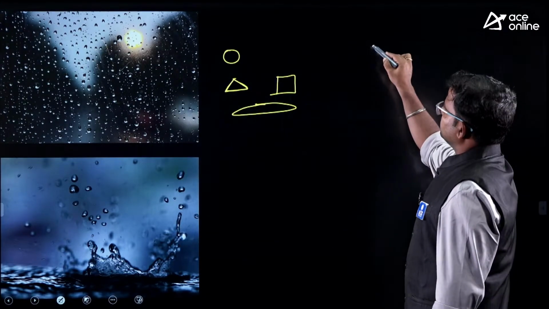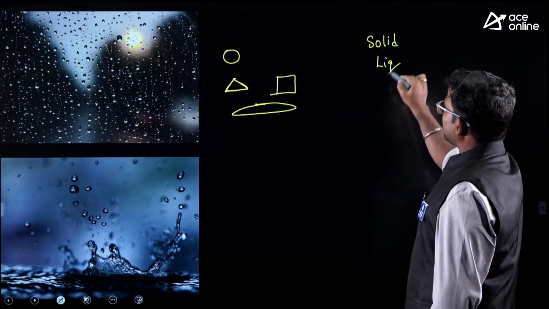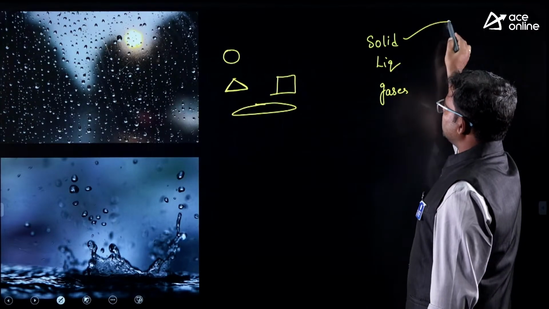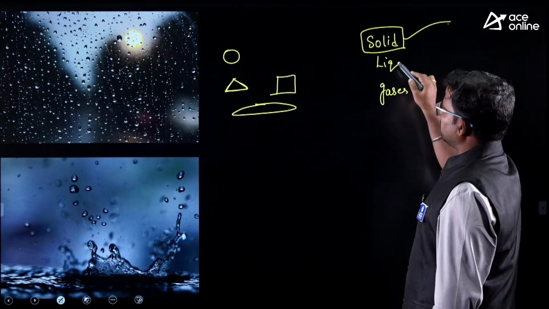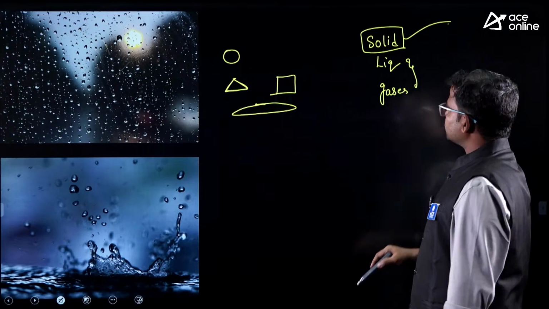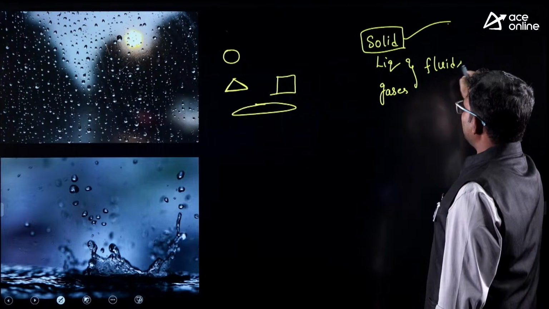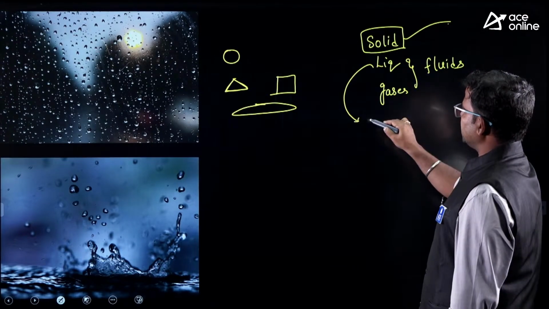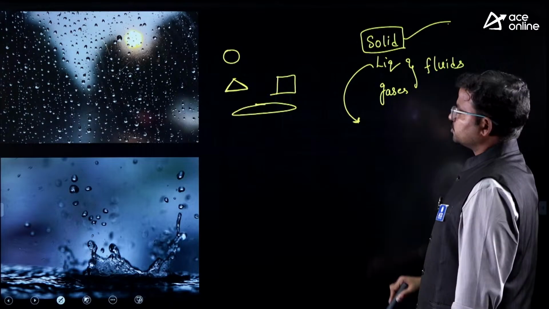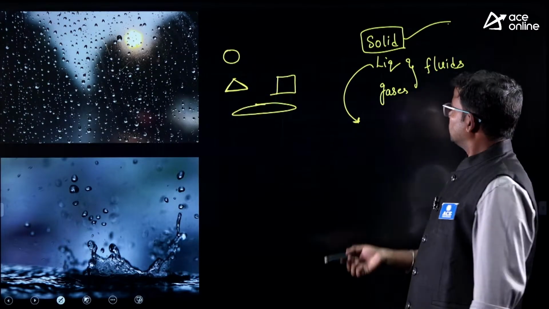Actually, guys, if you consider solids, liquids, and gases, which one has a rigid type of arrangement? Solid. So these two do not have a particular shape. That's why these are considered fluids. Liquid and gases are mostly considered fluids.